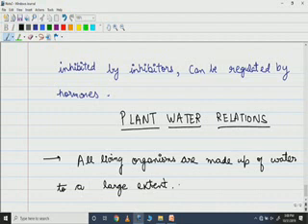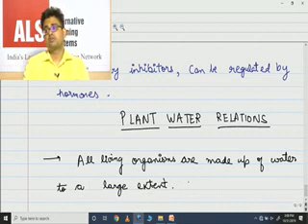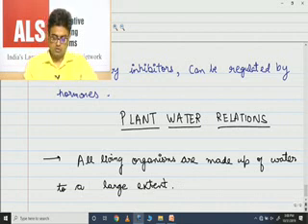Now, why is water important? Because water is the medium in which all the substances, whether sugar, salts, minerals, everything, will be dissolved.